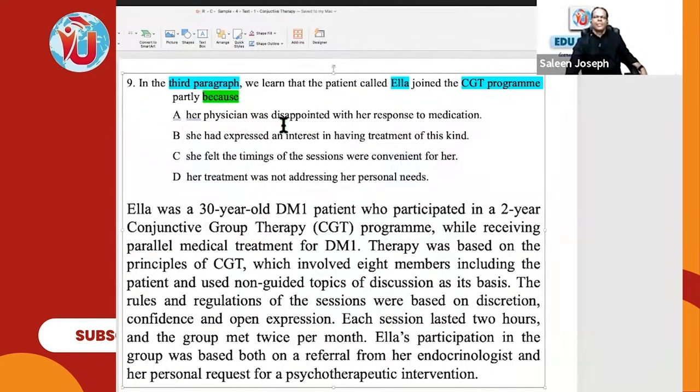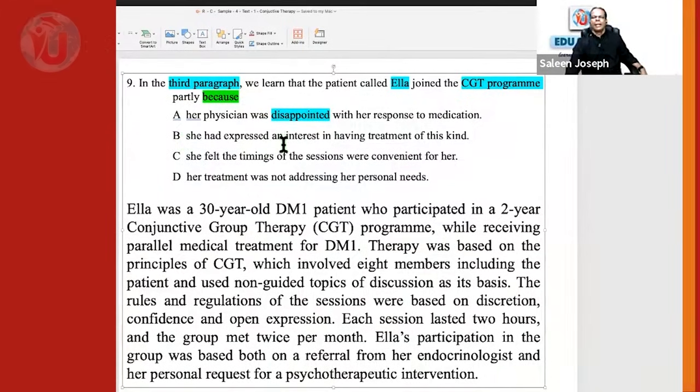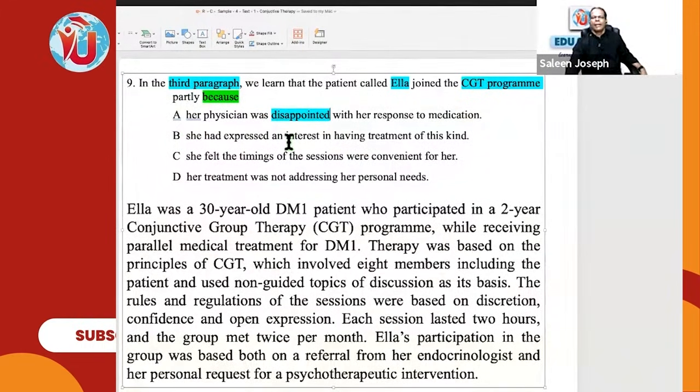First option, her physician was disappointed with the response to medication. Yeah, physician was disappointed, yes, with the response to medication. B, she had expressed an interest in having treatment of this kind, meaning the CGT program, her interest. Now, when you read the text, you will have to look out for what the response of the physician was, and what her response was about this program.